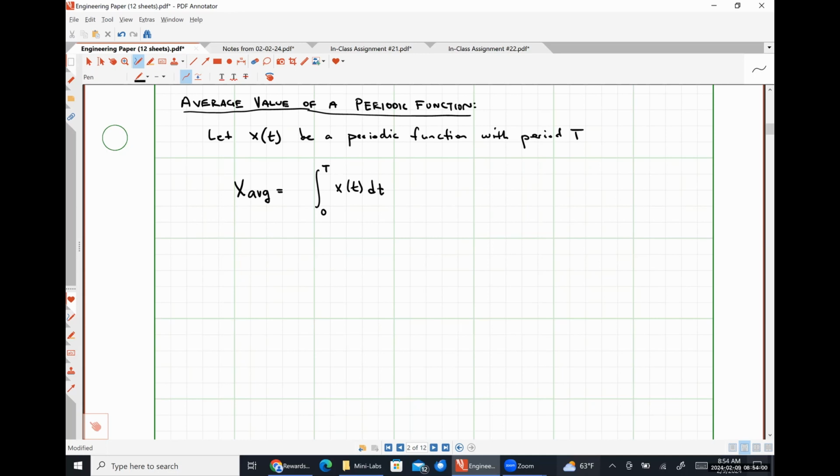And then we multiply that integral by a factor of 1 over T. So effectively we're just integrating over the interval and then dividing by the length of that interval to get the average value of our function. Hopefully you guys have seen this before, but if not, this should make sense for what the process should be, okay? Realistically, you guys actually did this way back on homework assignment number 1 in this class.